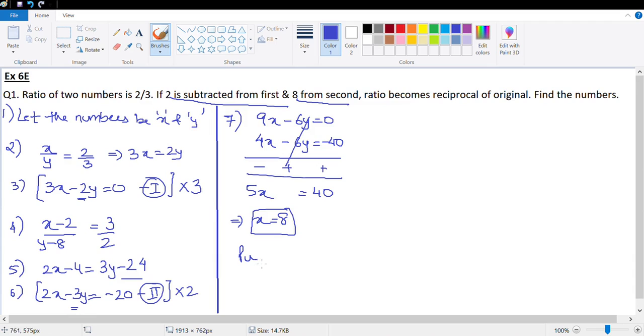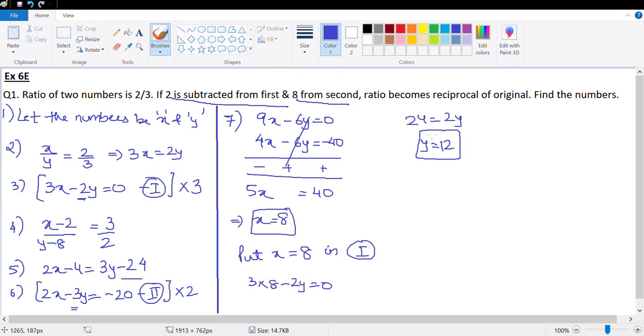Now put x is equal to 8 in equation 1, and we have 3 into 8 minus 2y is equal to 0. 3 into 8, that's 24, is equal to 2y, which means y is equal to 12. So we've got the two numbers. Let's read the question. What do they want? Find the numbers. Therefore, the numbers are 8 and 12.